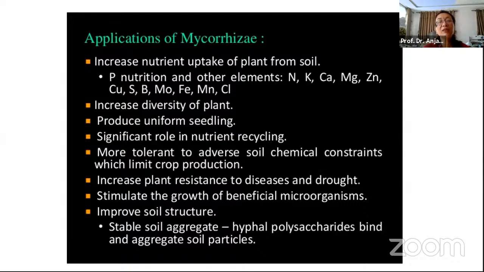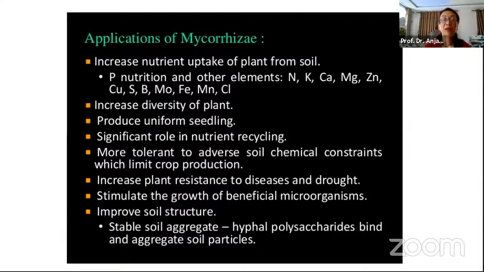So these increase diversity among various types of plants. It produces uniform seedlings and has a significant role in nutrient recycling, and plants are more tolerant to adverse soil chemical constraints which limit crop production. Because after some time, the nutrition in the soil gets exhausted, right?